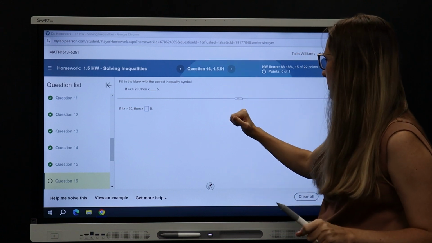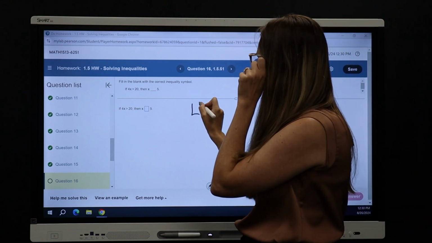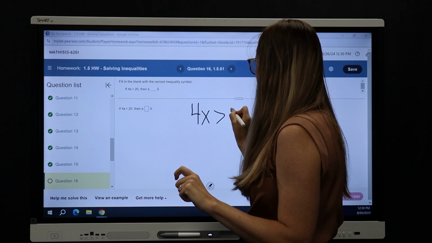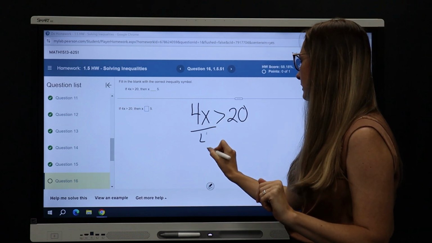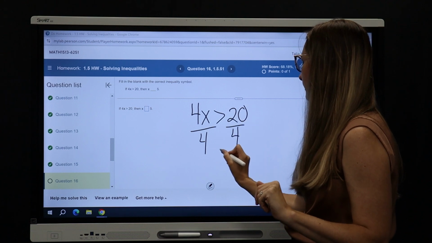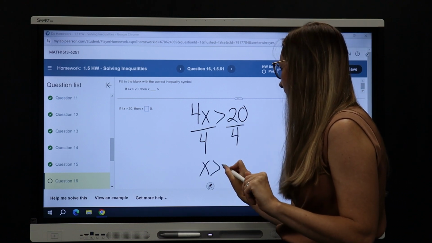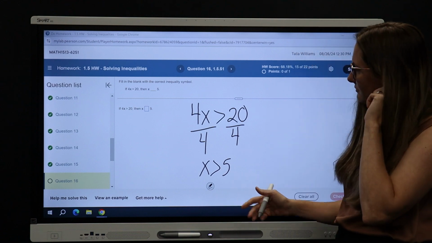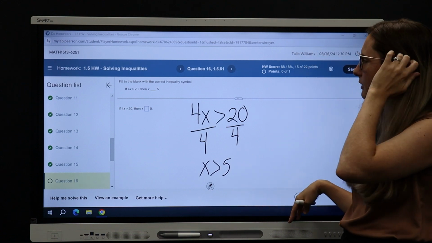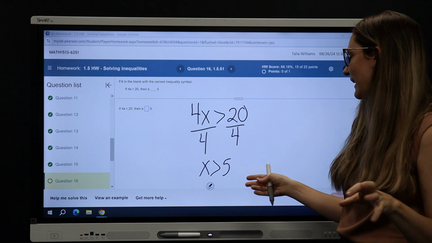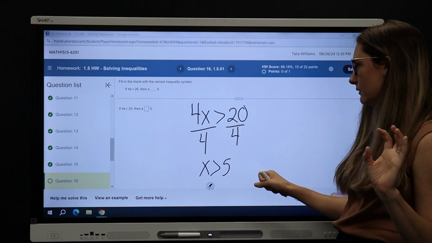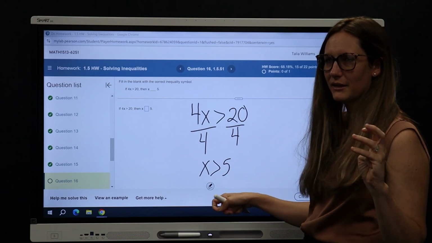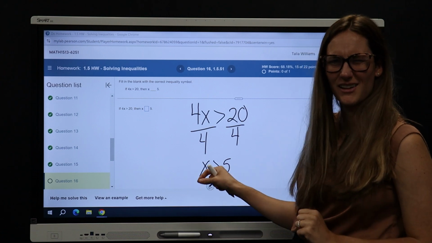Okay, this one we have 4x is greater than 20. Now when we divide by 4, we have x is greater than 5. If we want to check this real quick, because we divided, we can. 4 times 5 is 20. If you're checking a problem, you need to pick a number that's actually greater than it, not the same.